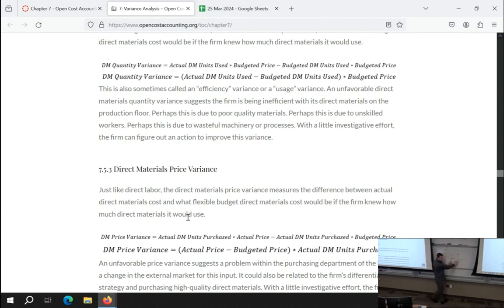So those two numbers are not going to line up if you don't use and purchase the same amount in the period. That gives you your quantity variance. And then you get the flexible budget right here, with the standard quantity.